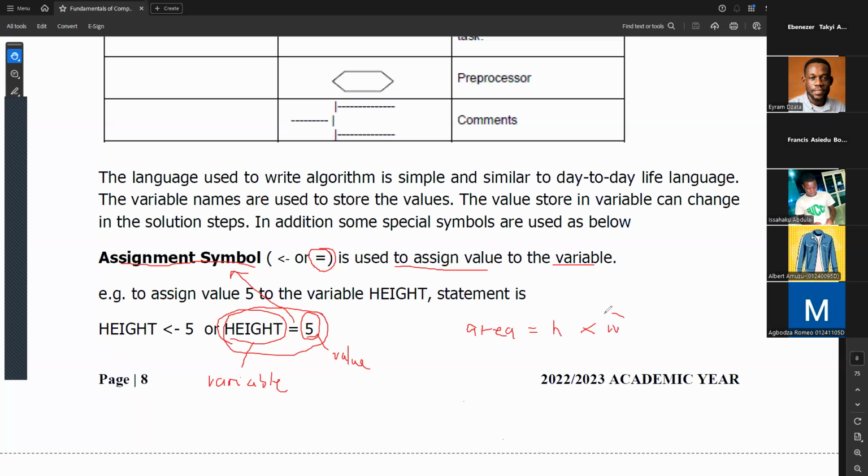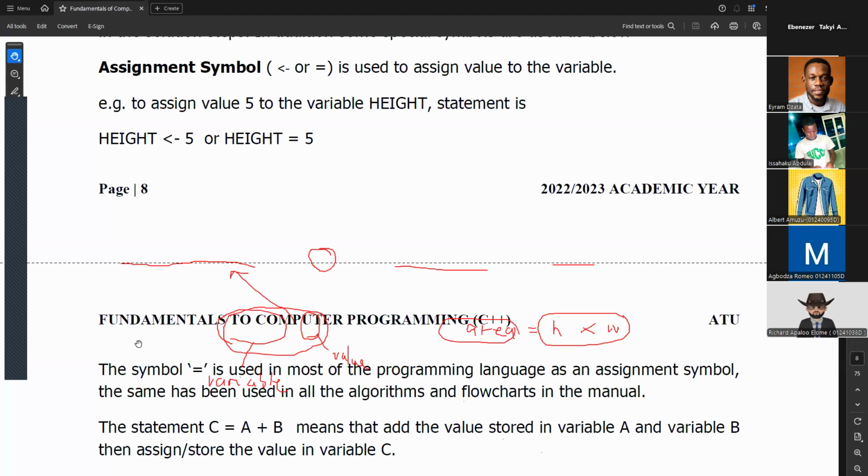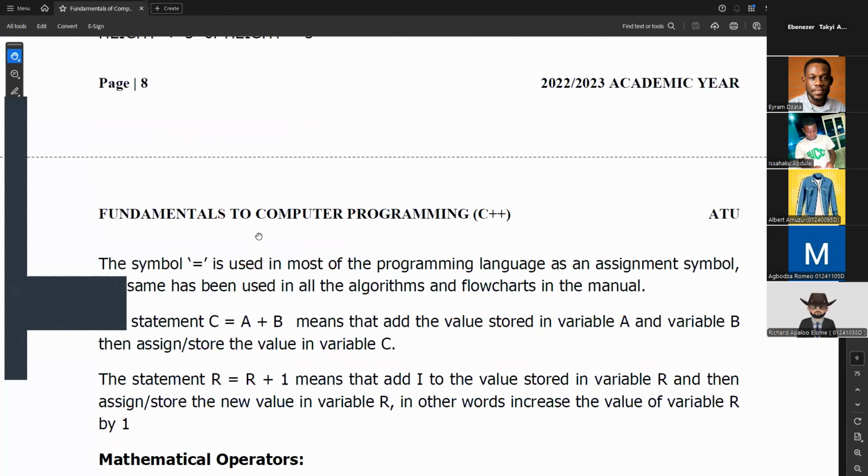What it means is that the result you get after computing your height times your width should now be assigned to your variable area. And like I said, we'll talk about variables extensively when we look at the basic elements of programming.